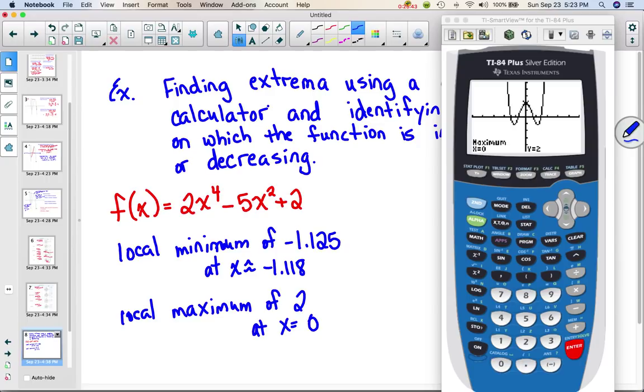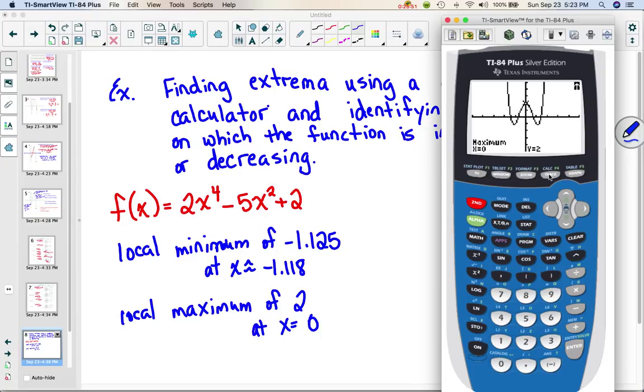And then I can also find the other minimum value. Not like that though. So we have second calc, min is number 3. So my left bound and my right bound, I'm going to go to the other side, and then in between.